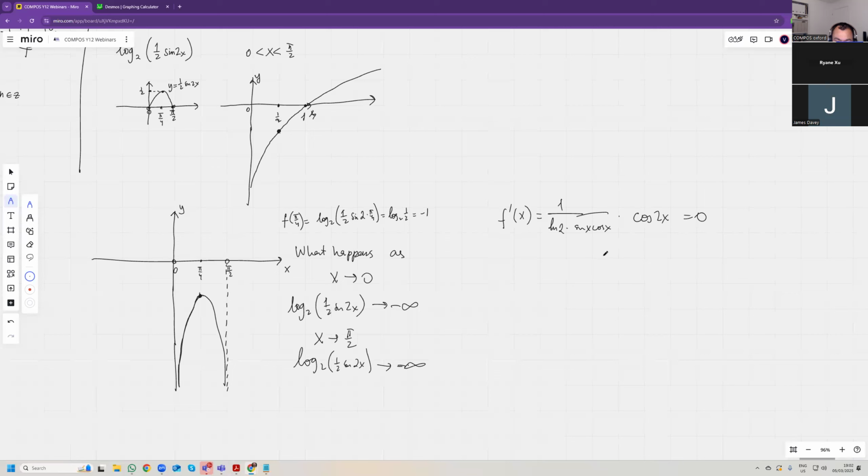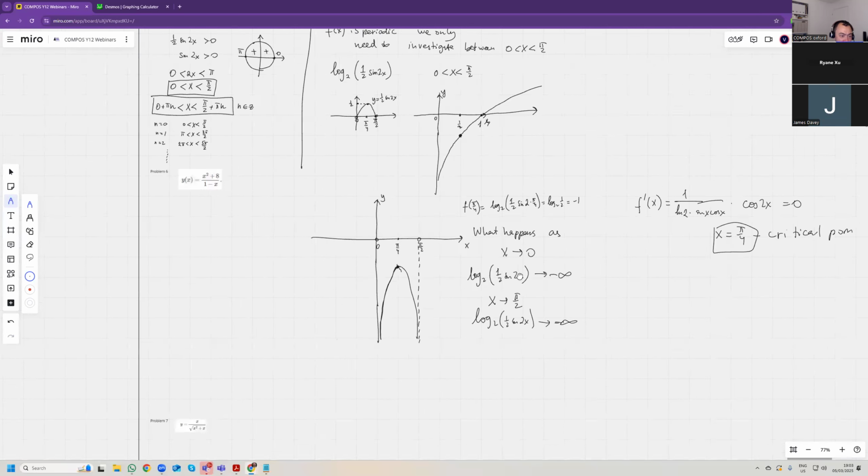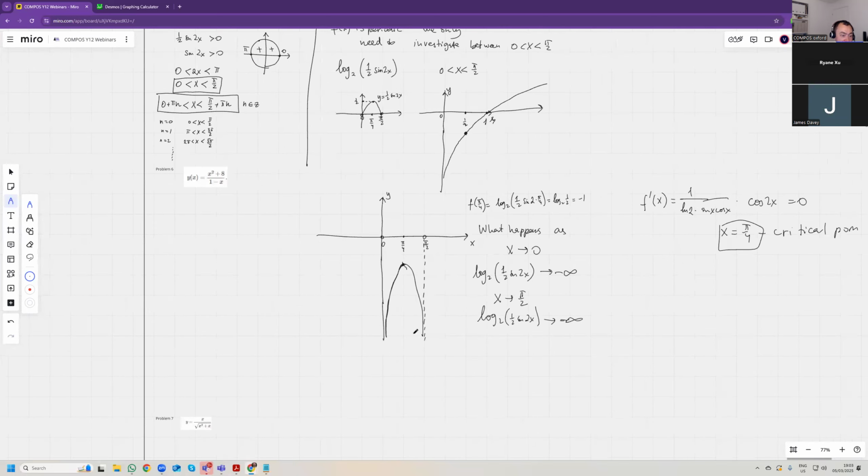And that equals 0 when x is pi over 4, which is the critical point. Critical point, so that's a maximum point. Yes. All right. And now finally, what we need to do is just to duplicate this graph.